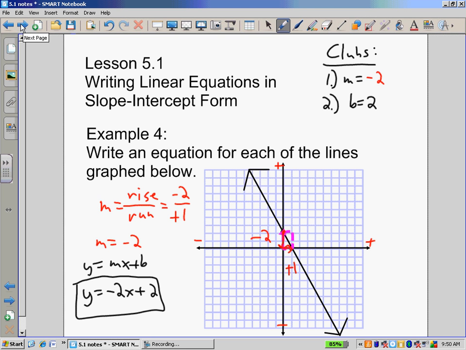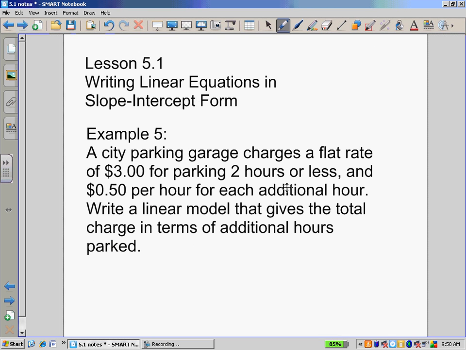Now on to a different form. What if they ask in the form of a word problem? Well, guess what? My process doesn't change. I'm still looking for clues. We have m equals and b equals. Slope, y-intercept.